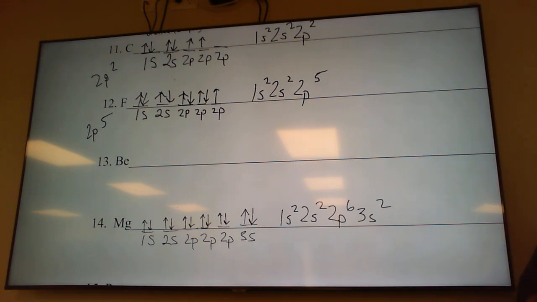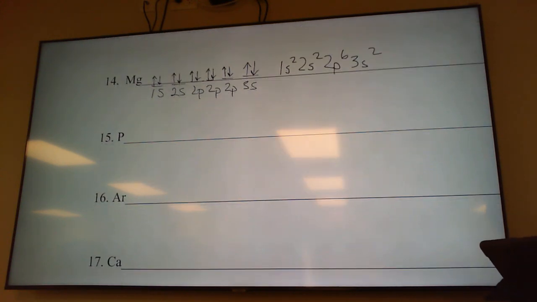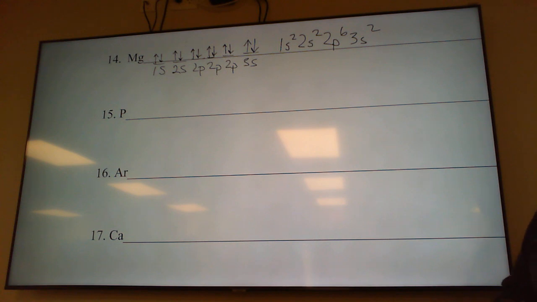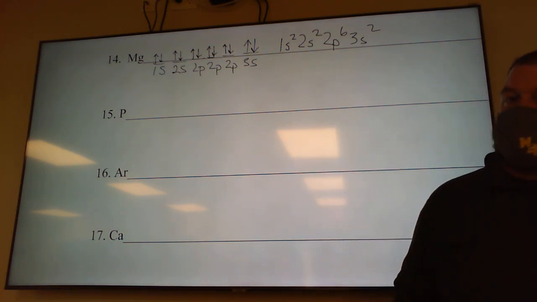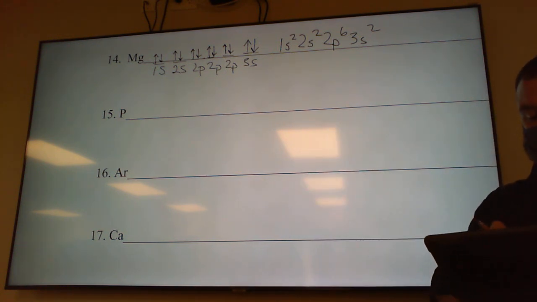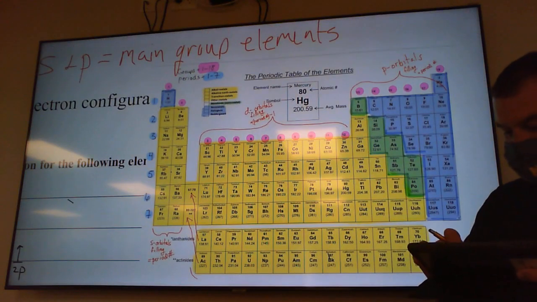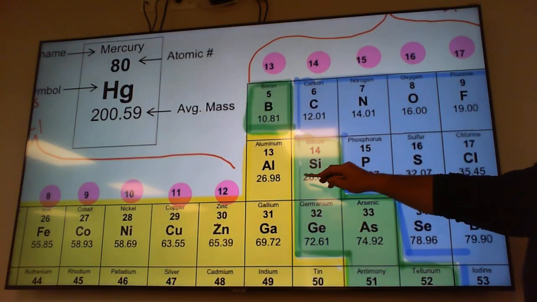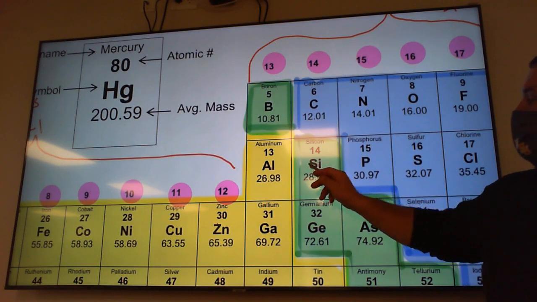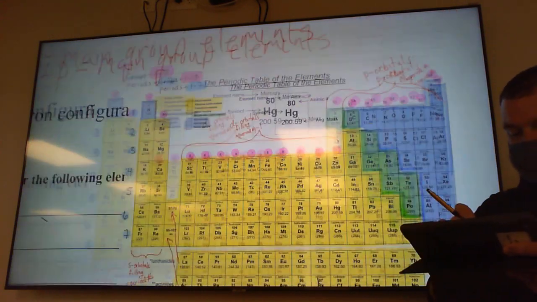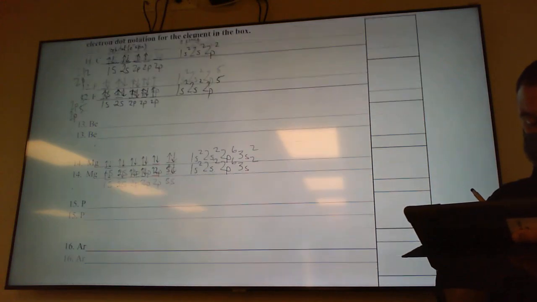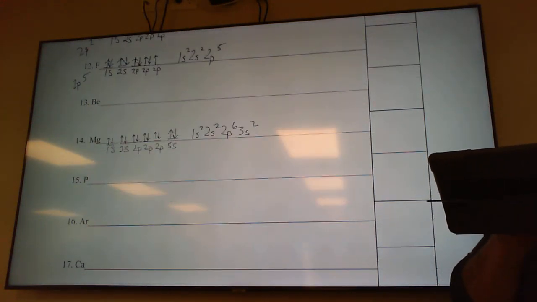Okay, electron configuration notation. Let's look at phosphorus, and let's do phosphorus without even looking at the orbital notation. Phosphorus, I know, ends in 3p3. That I know.